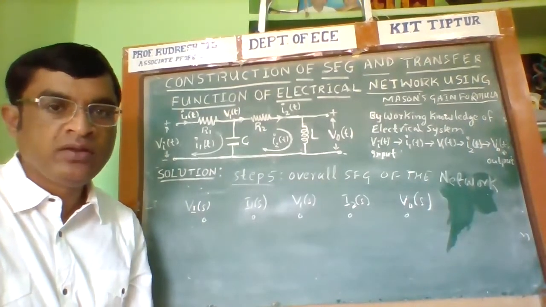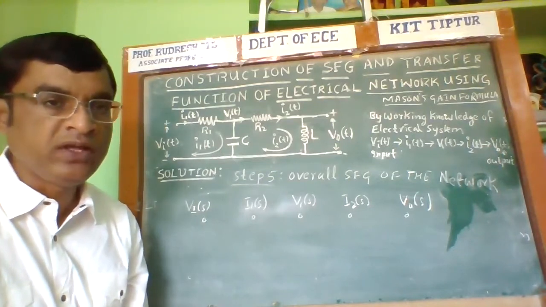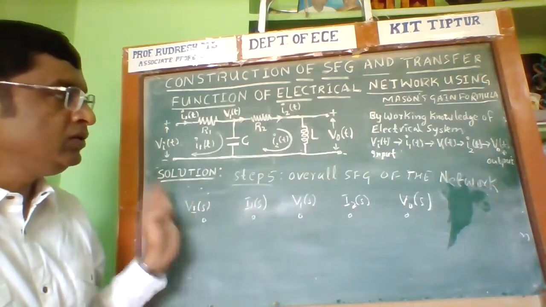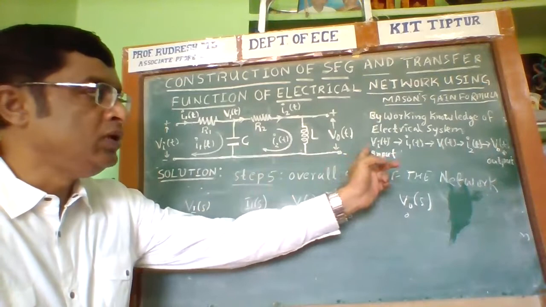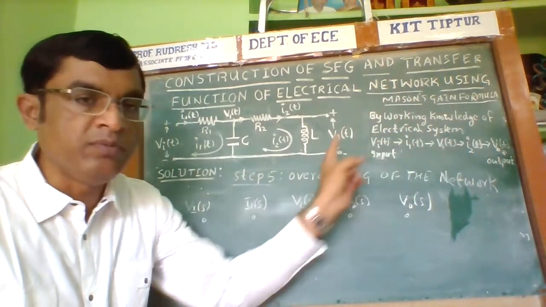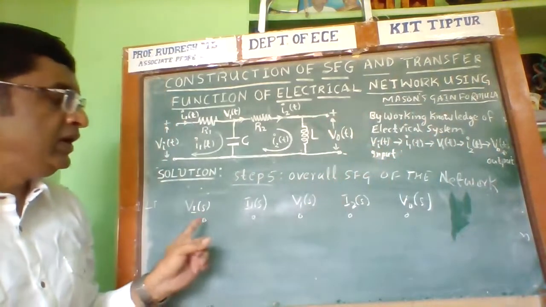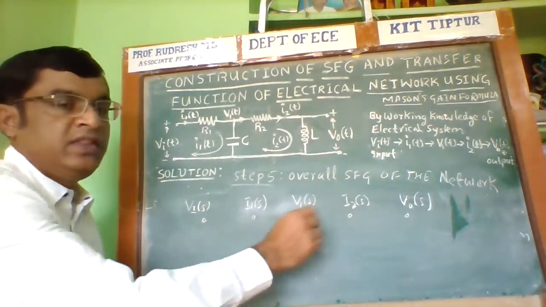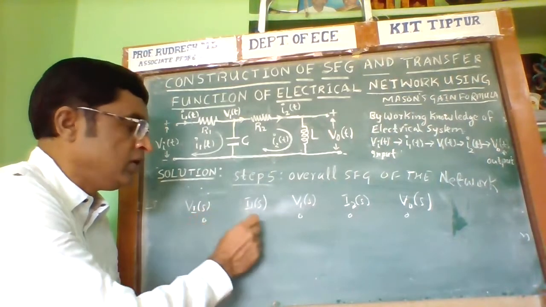In step 5, I am going to write the overall signal flow graph of the network. How to write the overall signal flow graph? You need to create the nodes for the input variables, output variables, and also the intermediate variables. Now, how many variables? These are the 5 variables. We need to create the 5 nodes and assign the variables to these nodes.